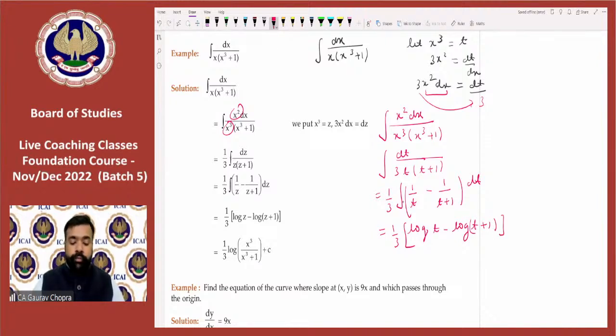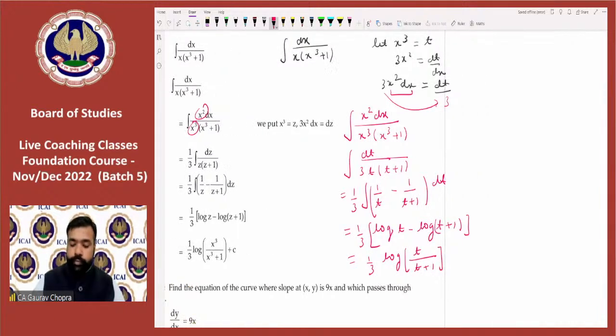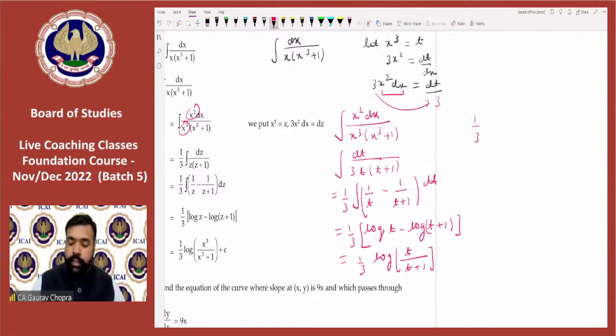Now in place of t, we can again put the value and get the result. So it can be 1 by 3, and it can also be written as log of t divided by t plus 1. So 1 by 3 log of, t becomes x cube divided by x cube plus 1. And at last we can add the constant c. All right. So Bhumika has given the answer.